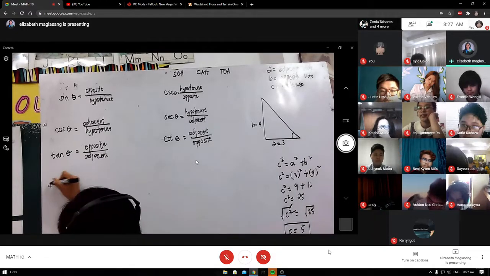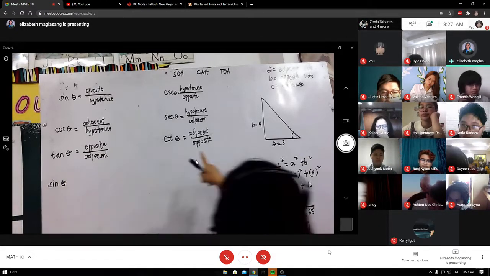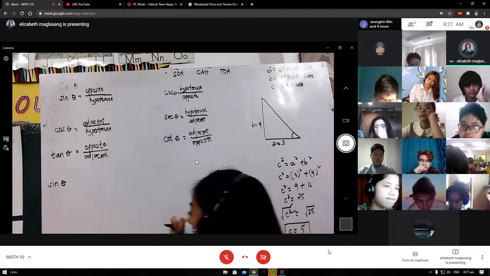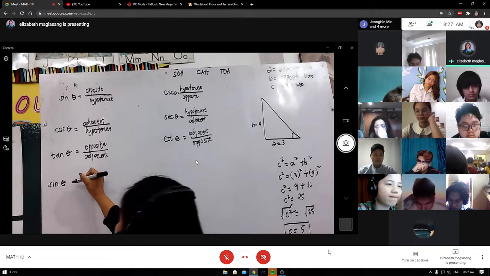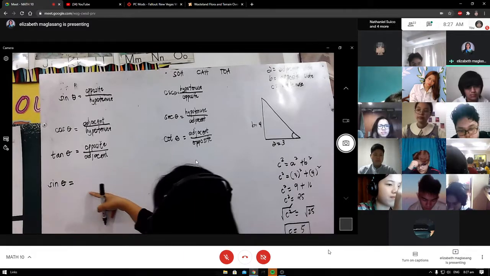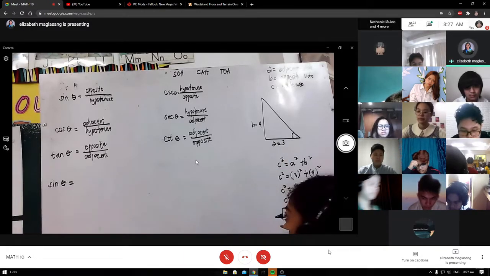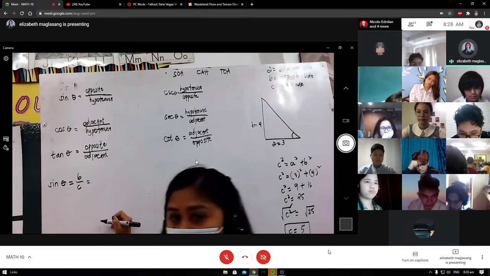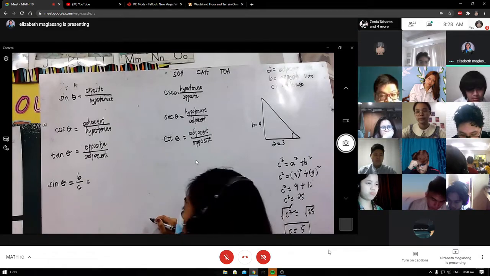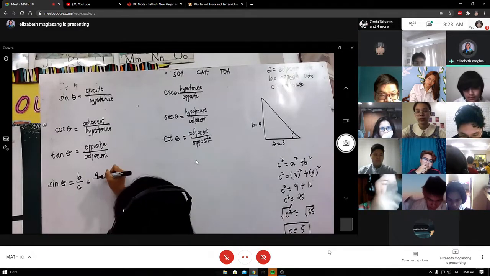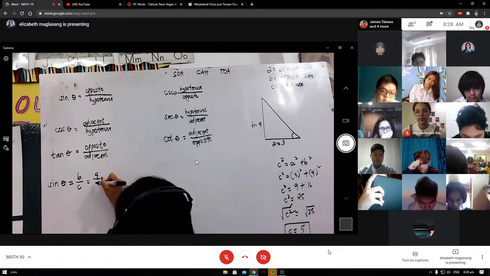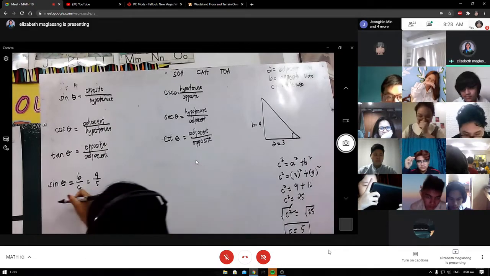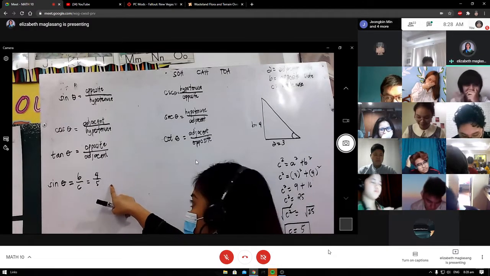Sine theta is B over C. Our B is 4 and our C is 5. Can we simplify? No, this is the lowest term.